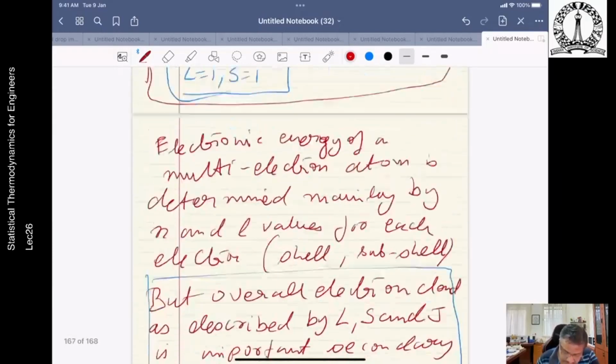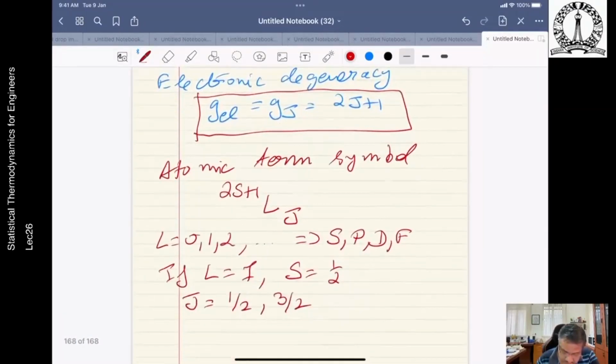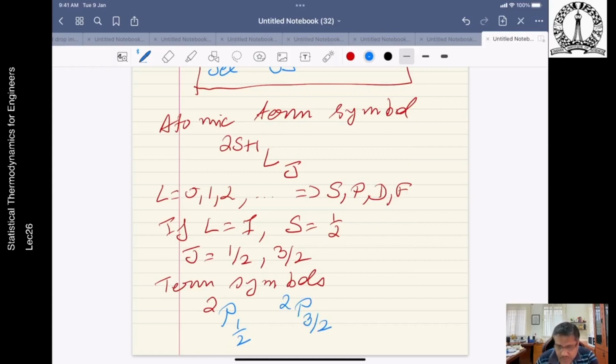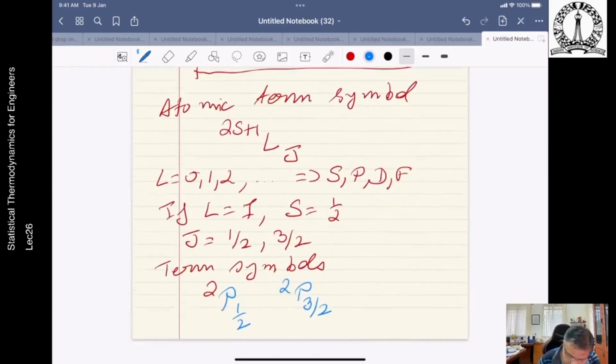And therefore the total degeneracy is also 2J plus 1. So J is this. Hence the relevant term symbols for this particular case will be 2P half and then 2P 3/2. In other words, this also has a fancy name.